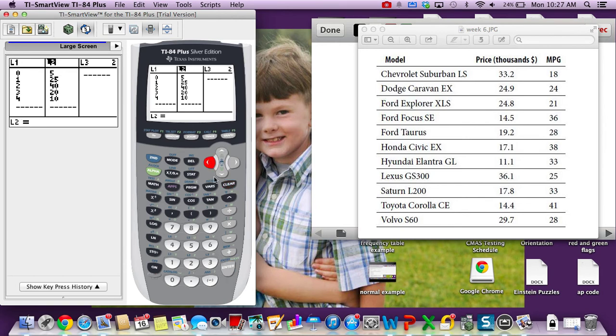Remember, you clear by going up to the list title, hitting clear, and arrowing down.